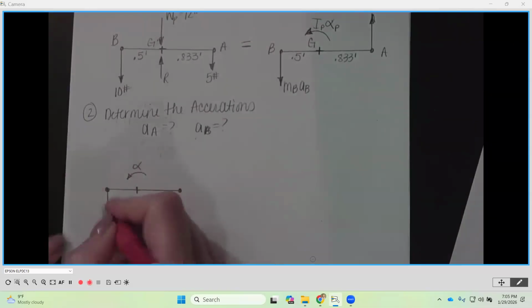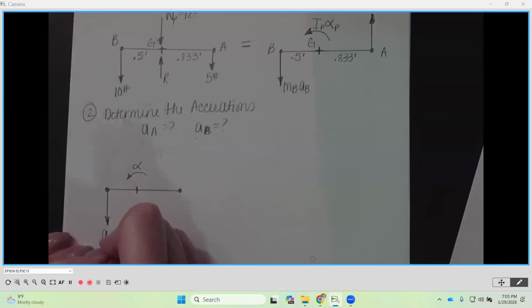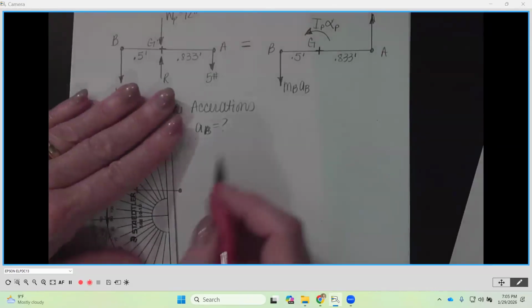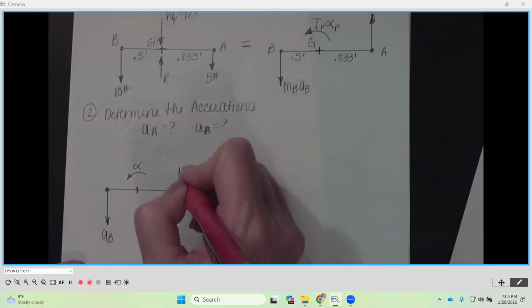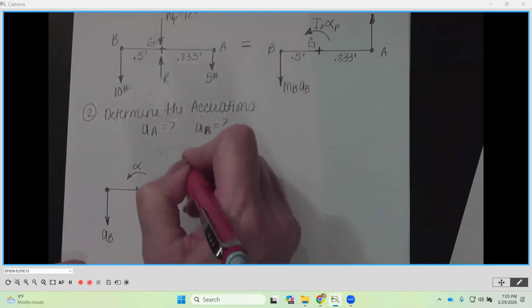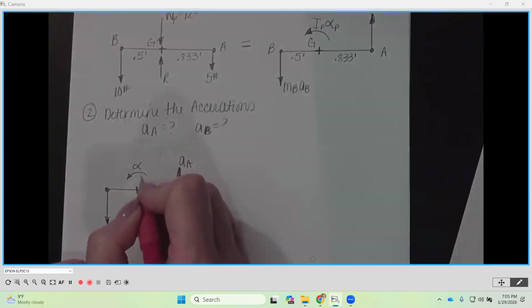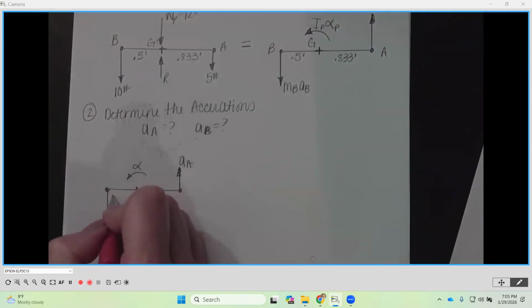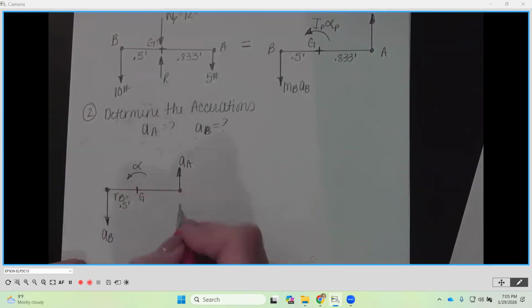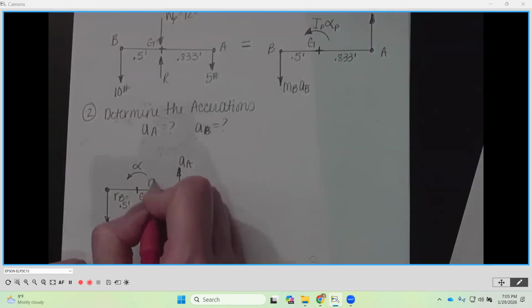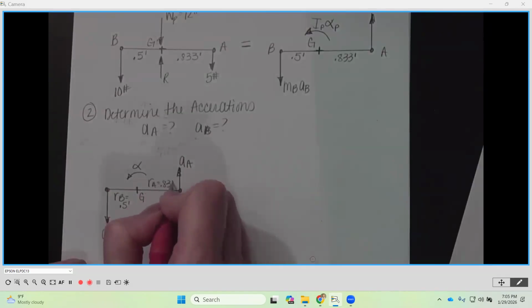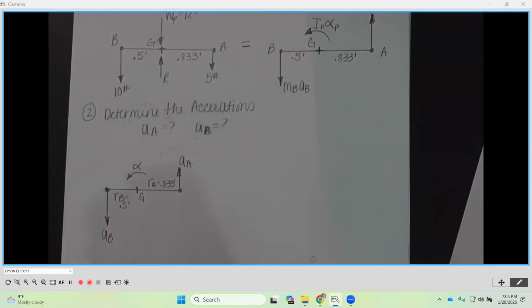B is accelerating down, so this represents only the acceleration of B. A is going up, so its acceleration is going to be up. And this is G. The distance out here, the radius, this is going to be radius B. We know that to be equal to 0.5 feet, and radius A is equal to 0.833 feet.